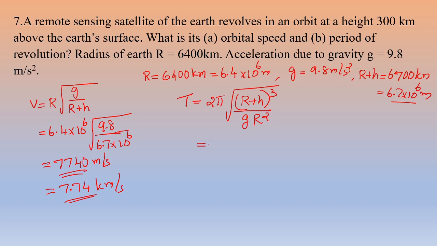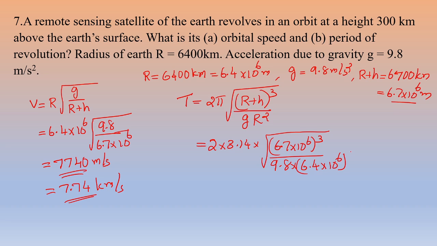So let us substitute: 2 into 3.14 into square root of r plus h, which is 6.7 into 10 raised to 6 whole cube, divided by 9.8 into 6.4 into 10 raised to 6 whole square. That is g r square. So after the calculation, you will get the period of revolution is 5,436 seconds.